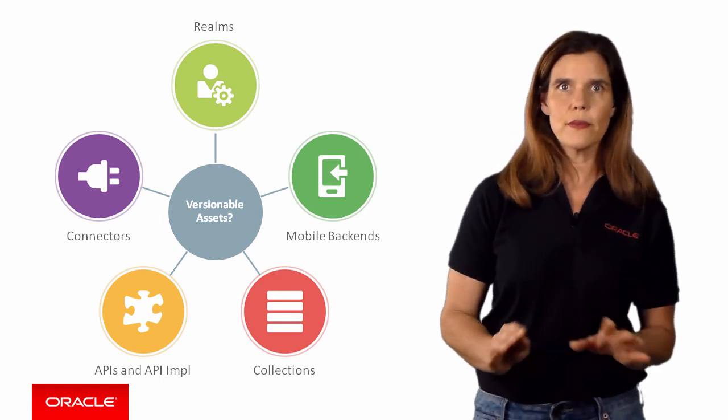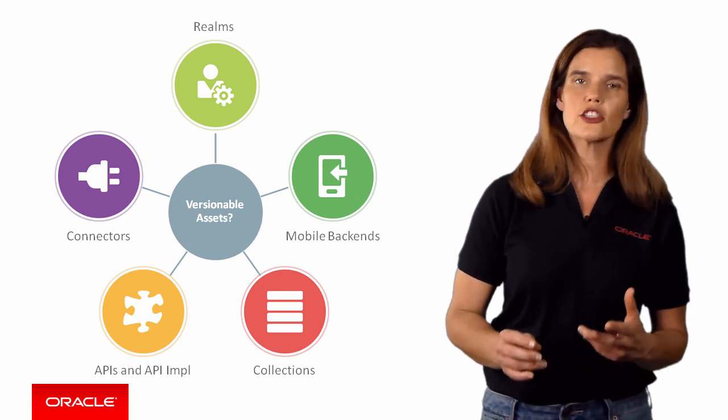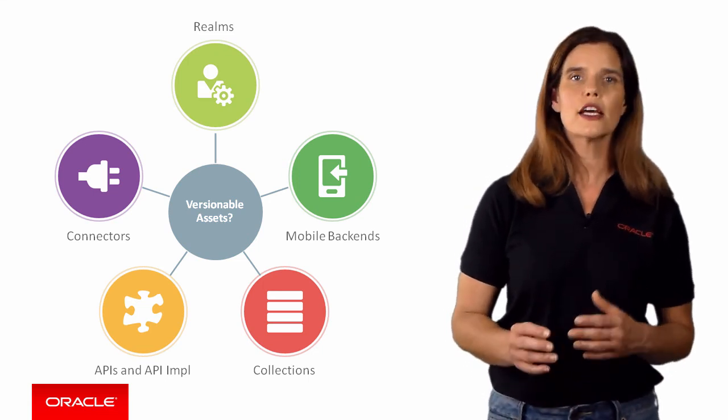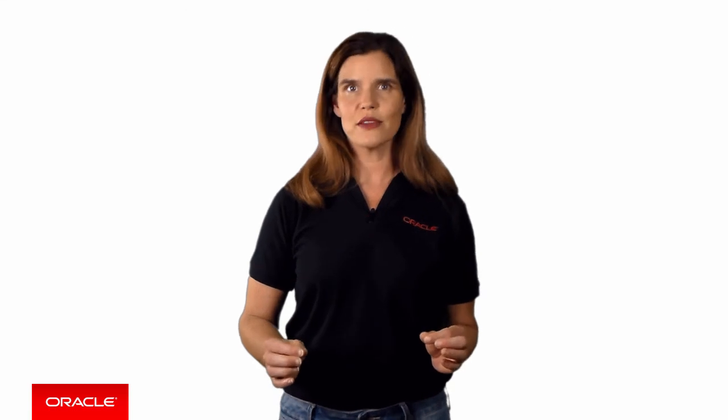These assets also have dependencies on related assets, which means that MCS will prompt you when you need to change the state of a dependent asset in order to publish or deploy a related asset. All right, so now you understand the basics of the MCS lifecycle. From here, you'll want to come up with a plan for coordinating the promotion and testing of your mobile assets throughout the development lifecycle. You'll also want to check out other videos available on the Oracle Mobile Platform YouTube channel.